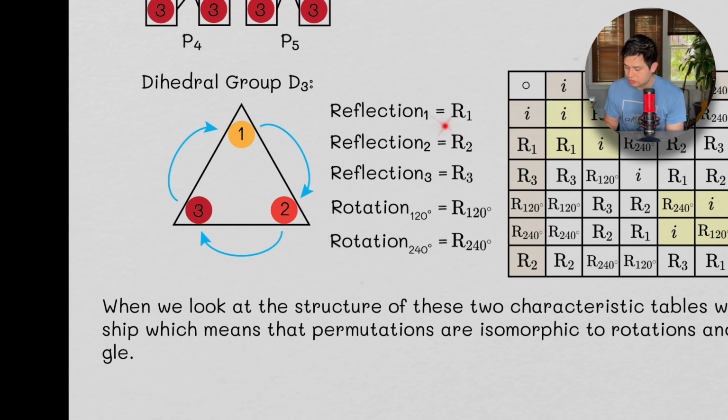So when we say reflection 1 means a vertical reflection. So if we were to say draw a line here, reflection 1 is a reflection in this way. Reflection 2 is going to be a reflection in this way, and then reflection 3 is through the other apex. Okay, so we have three reflections and 2 rotations.